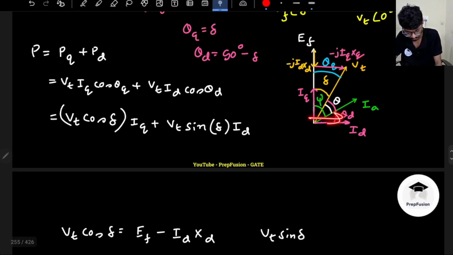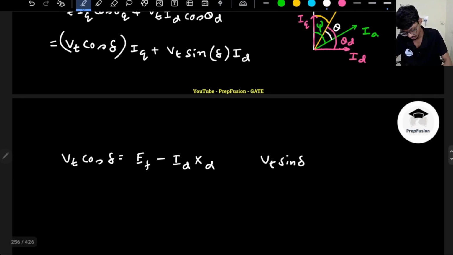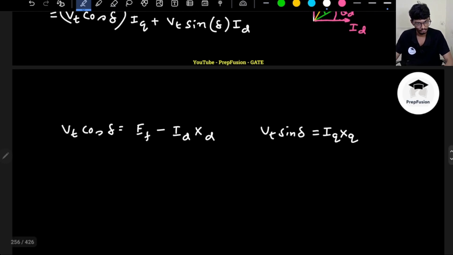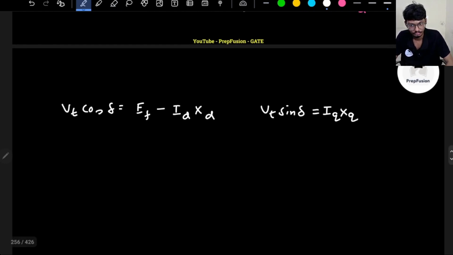This perpendicular component is IQ into XQ. So this is equal to IQ into XQ. Okay, this much is clear, right?